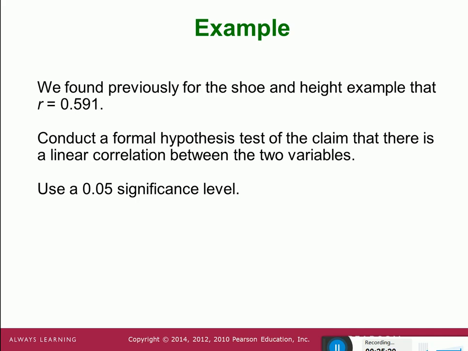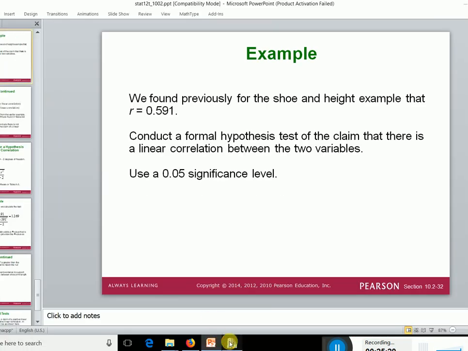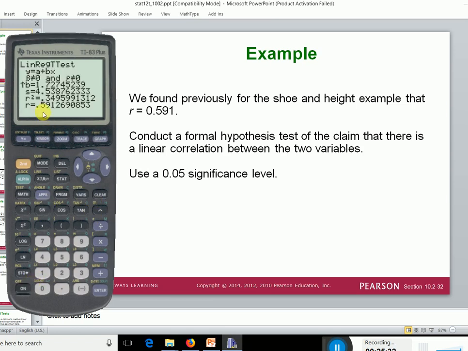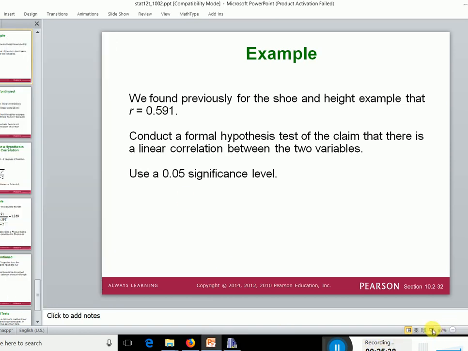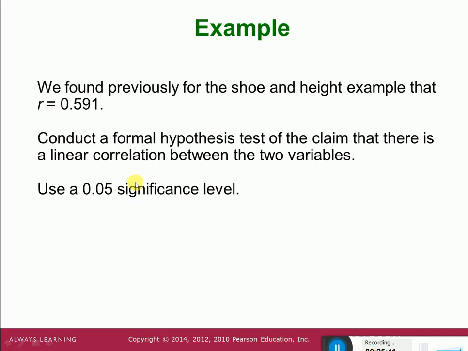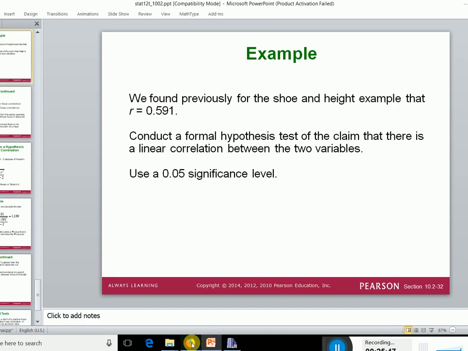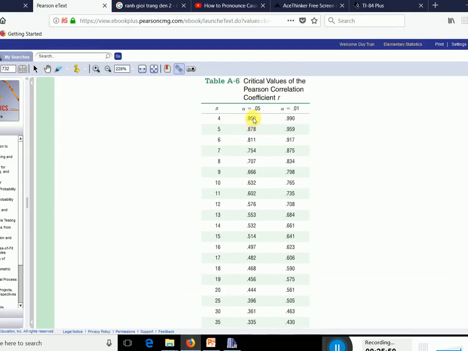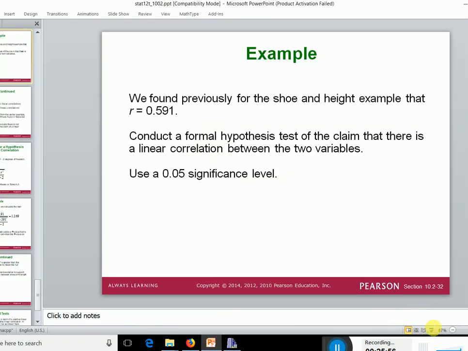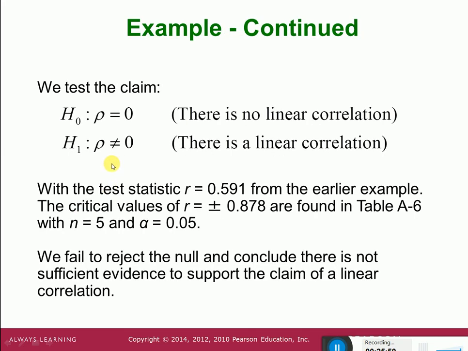Now, in the last example, we found R from the TI-83 right here. Let me open that again. 0.591, right? We found R, and if we use table A6 for 5 pairs with a level of significance 0.05, then the critical value is 0.878, and of course this one is less than 0.878, right?